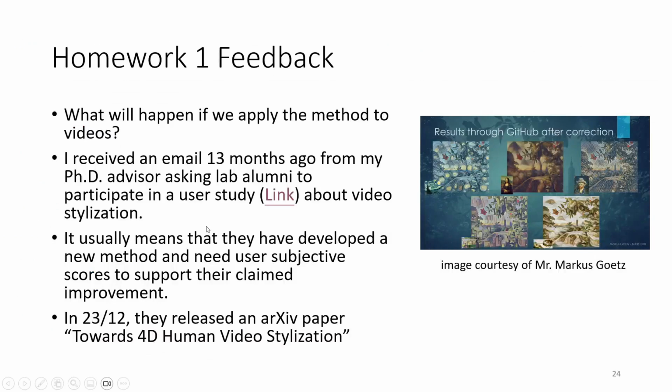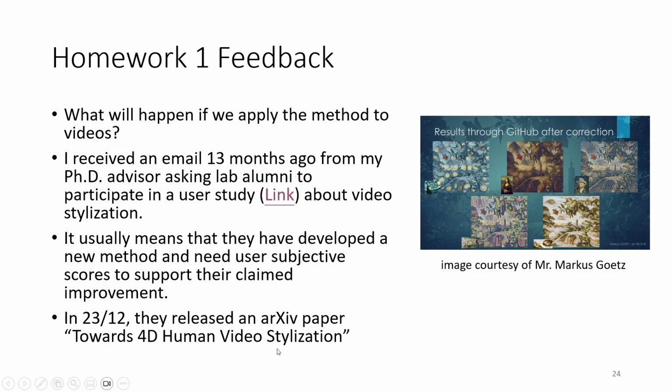Usually, when I receive such an email, I know they are doing a certain type of research, and the development of the new algorithm is almost complete. They need some user study data. About 3 months later, last December, they released an arXiv paper on human video stylization.